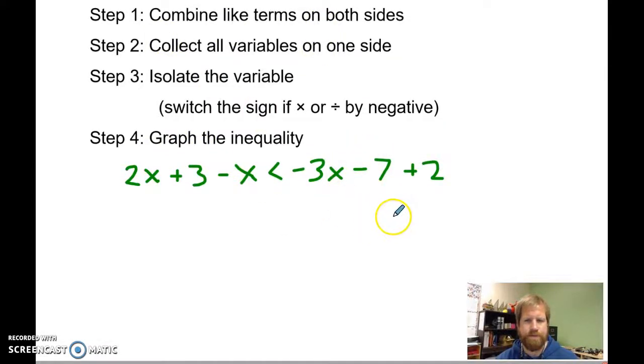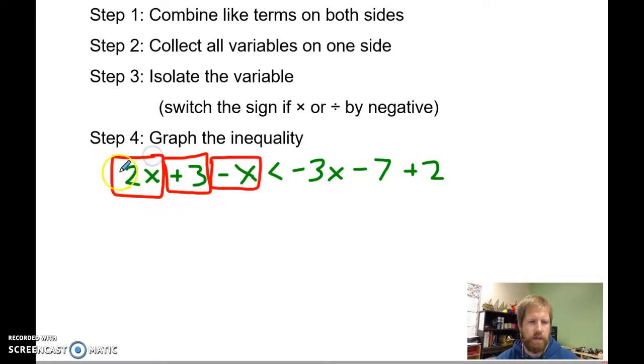Okay, step 1. So over here I have 2x plus 3 minus x, and I can move any of my terms around because it's all addition or subtraction, as long as I carry the sign with them, right?